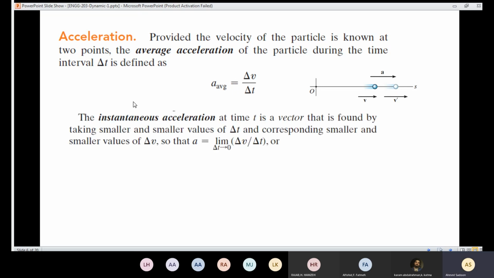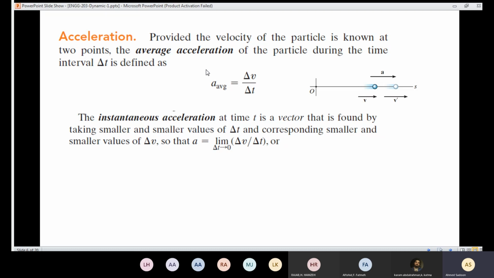And again, I can determine the instantaneous acceleration. I need to determine the velocity after a very short time here, and that could be found by taking a smaller and smaller value of delta t.